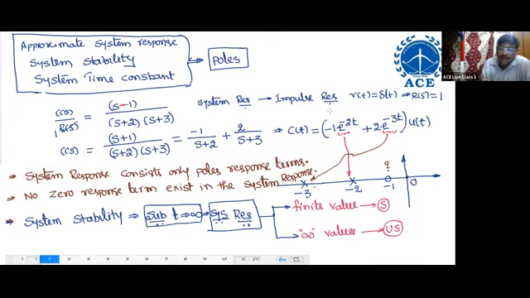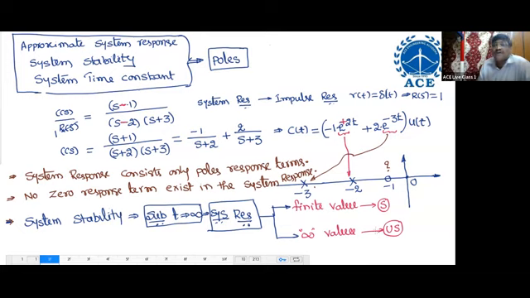For example, if the pole location changes, stability changes. If I put minus here, what happened? Here it will become minus 2, that means e power plus 2t. e power plus infinity becomes infinity. That means an infinite value, and the system becomes unstable. So what did you understand?